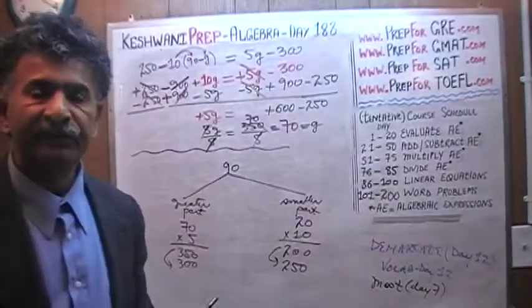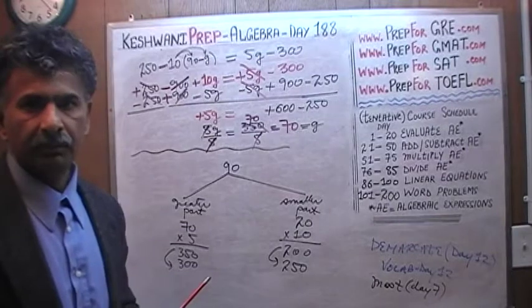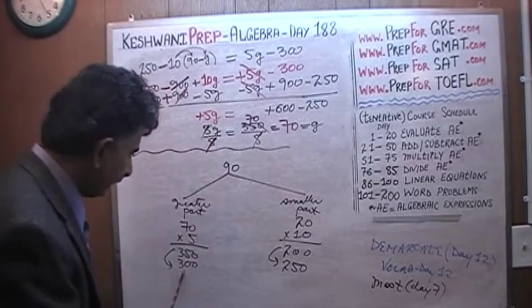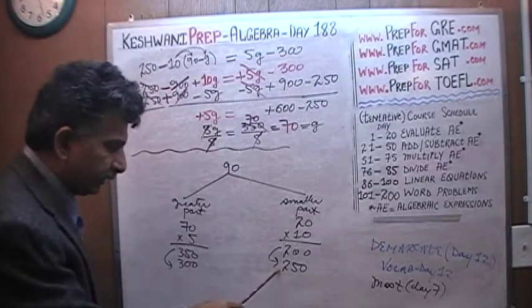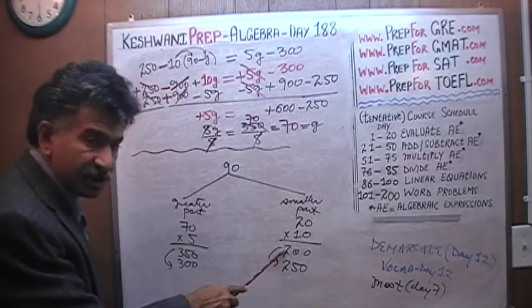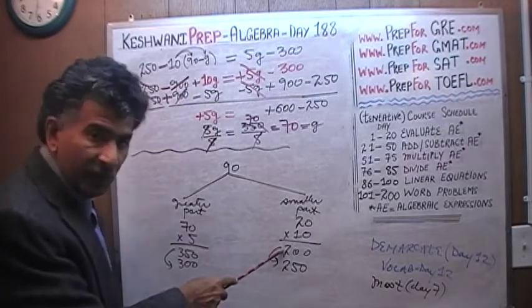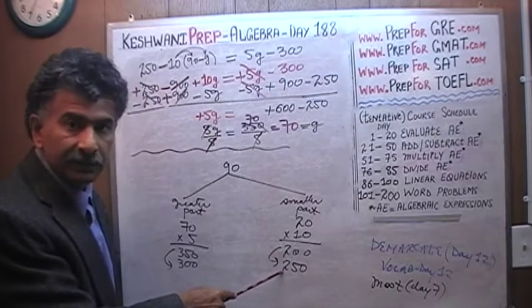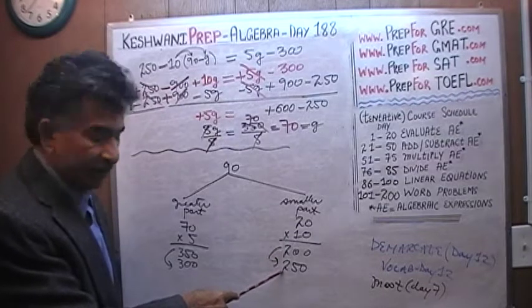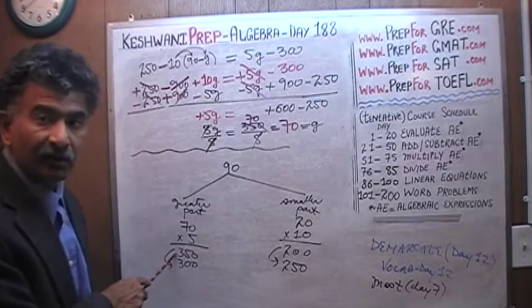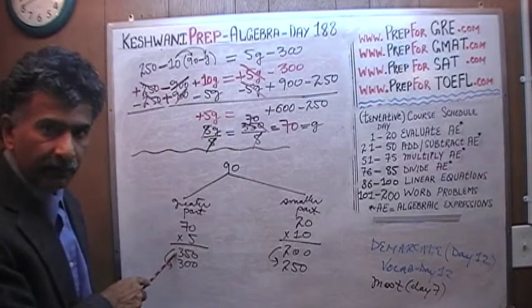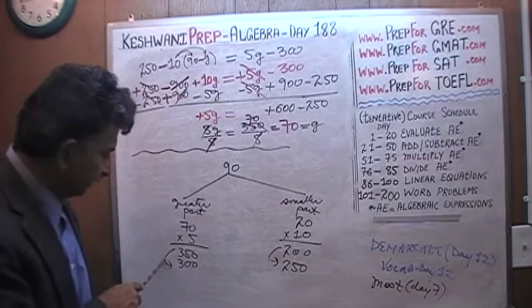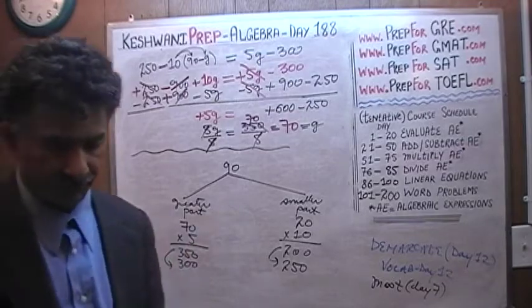And 350 exceeds 300 by how much? 50. Voila, there you go, they're equal. The quantity by which 10 times the smaller part falls short of 250 is the same quantity by which 5 times the greater number exceeds 300. Well, that's it, we're done.